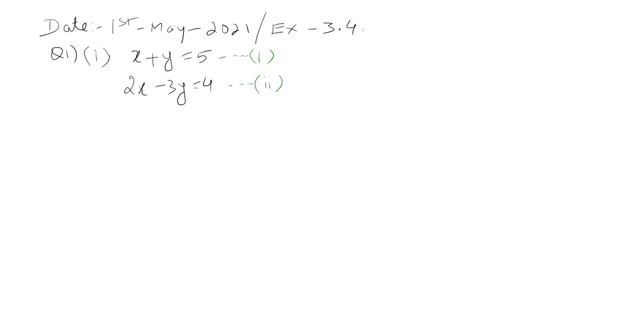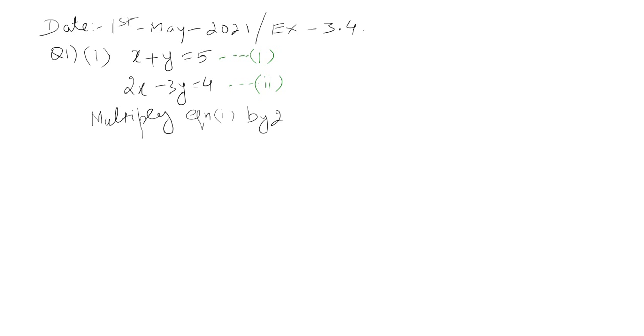So we can do it like this by multiplying equation 1 by 2. Whatever coefficient you see in the second one, that coefficient you have to multiply to all of equation 1, and whatever coefficient of x you see in the first equation, that you have to multiply with the second equation.